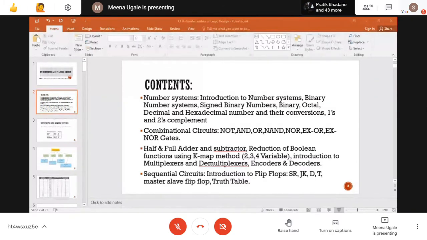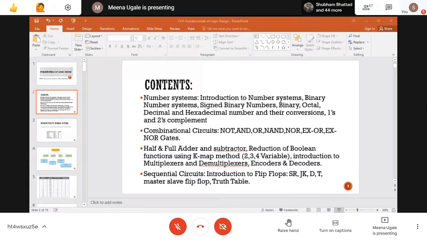So this is the first one, the different types of representation in the number system. Then some arithmetic in one's complement and two's complement, where we will go through some examples. Your second point in this chapter is combinational circuits.